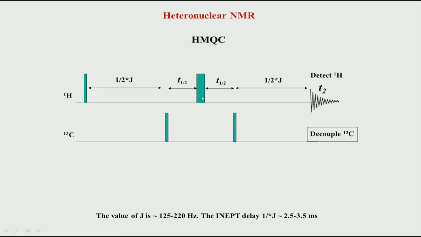The reason this is bad is that it does not excite the full chemical shift range. Remember, in the case of carbon, the chemical shifts go from 0 to 200 ppm. Now let us say you are working at an 800 megahertz NMR spectrometer, that is 800 megahertz for hydrogen. So for carbon it will be 200 megahertz, one over four. Now for carbon at 200 megahertz, if you calculate this 200 ppm scale in terms of hertz, it is 40 kilohertz, 40,000 hertz.